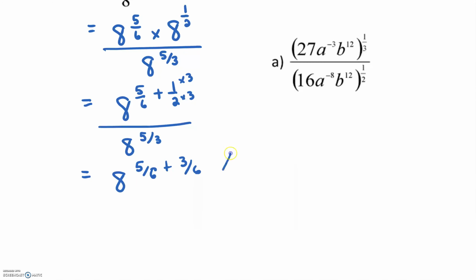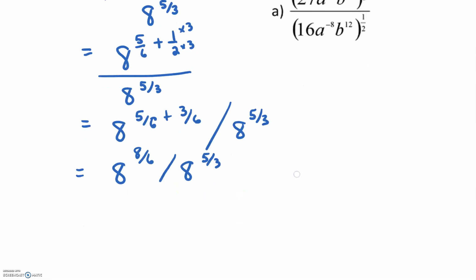All of this is divided by 8 to the power of 5 over 3 still. We have 5 over 6 plus 3 over 6, which gives us 8 to the power of 8 over 6. Remember that you keep the same base. You don't multiply them. You keep the same base.